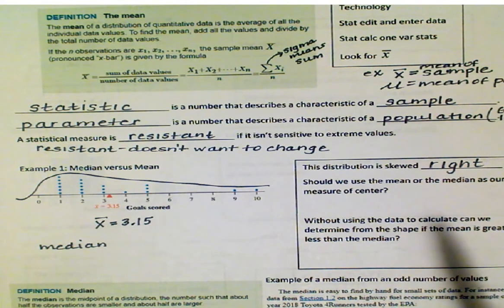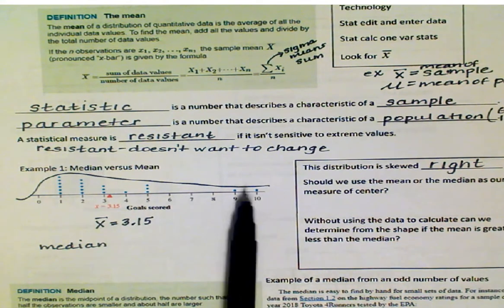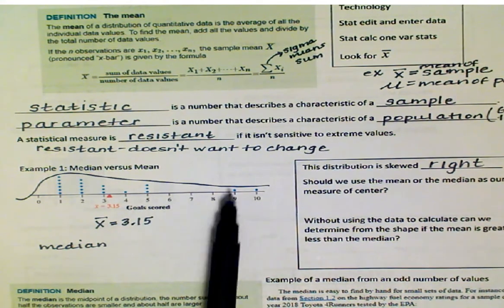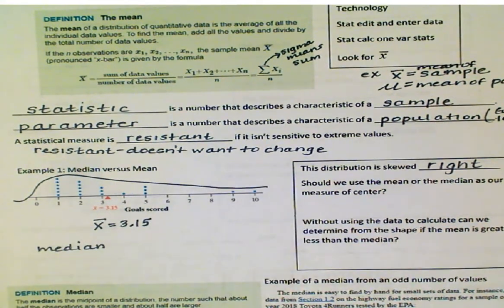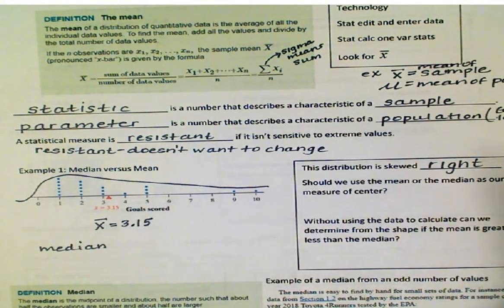If you have a symmetrical distribution, the mean and the median are approximately the same. But if you have a skewed distribution, which one of those two statistical measures changes, the median or the mean?